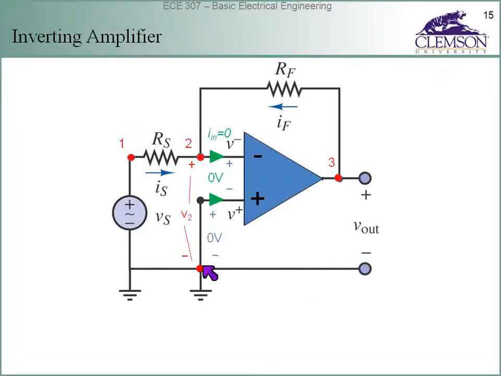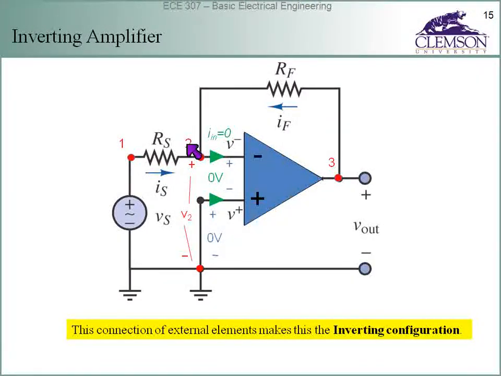They'll all be referenced to this ground. So for example, V2 is connected from here to here. V1 would connect from here to here. That definition of V1 means it is equal to Vs. And V3 connects from here to here. That definition means V out equals V3. Again, it's the connection of these resistors and the short to ground that make this the inverting configuration.